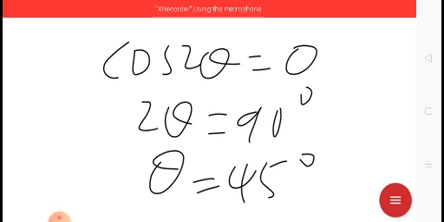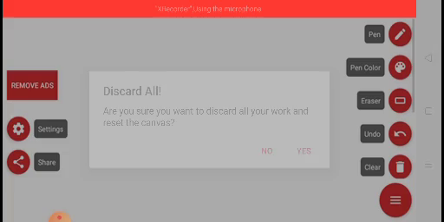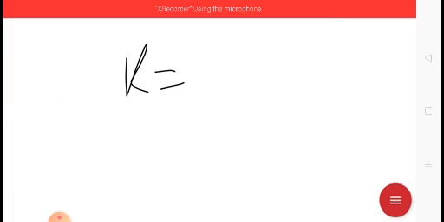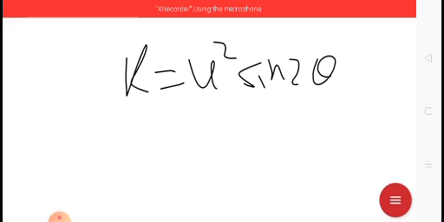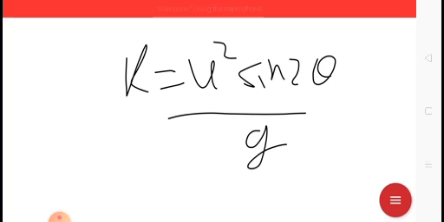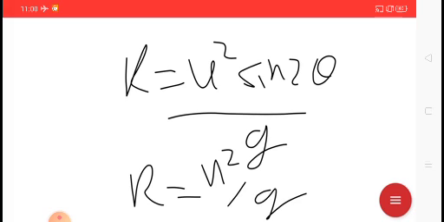So if you sub this 45 degrees to the original range equation, see what happens. So R equal to u square sine 2 theta over g. This is the range equation, and you sub 45 inside, so you will get R equal to u square over g, right? So this is the maximum range.